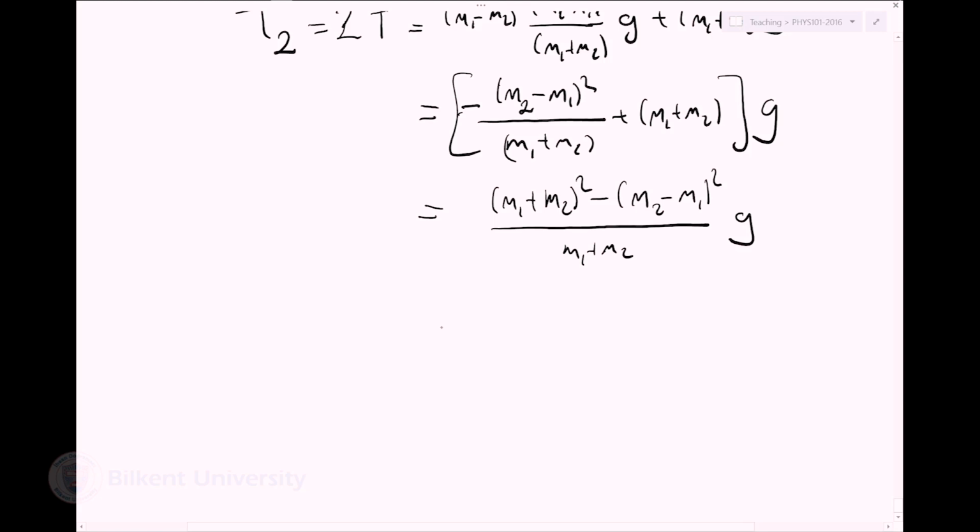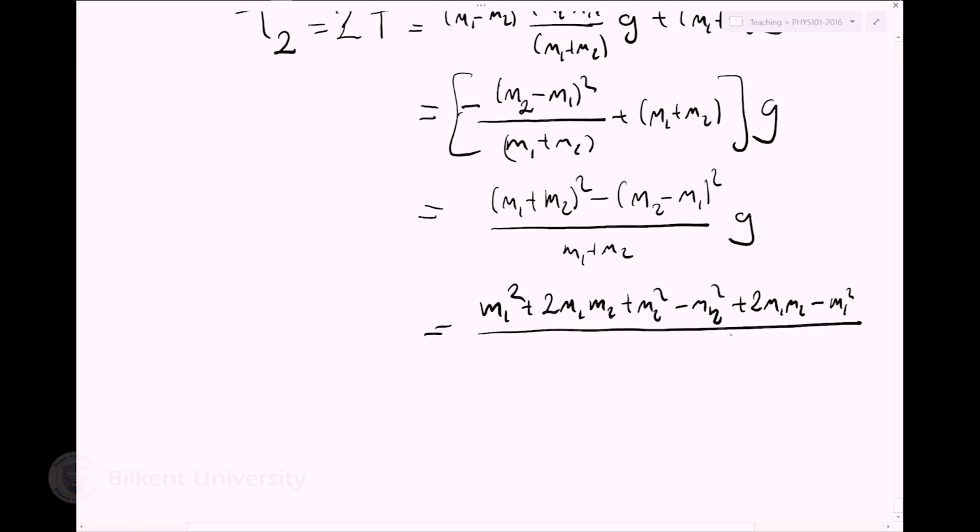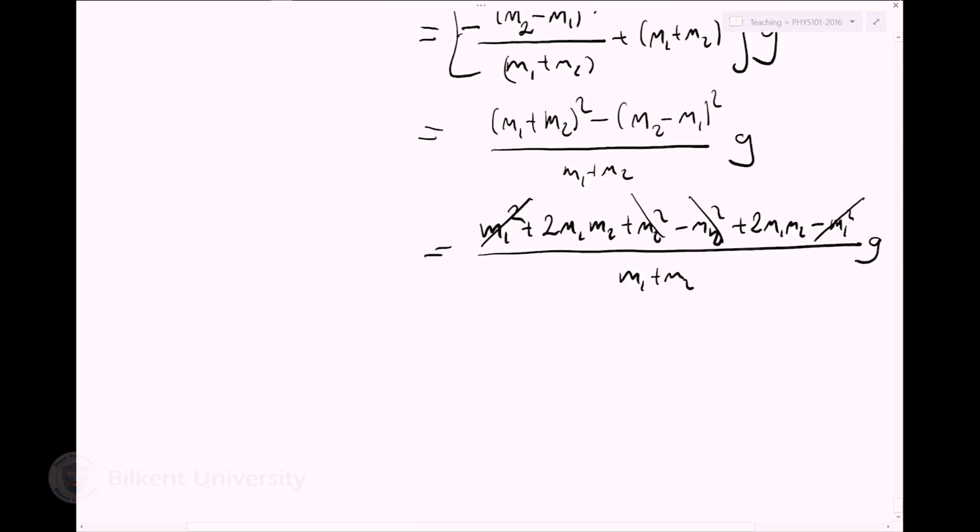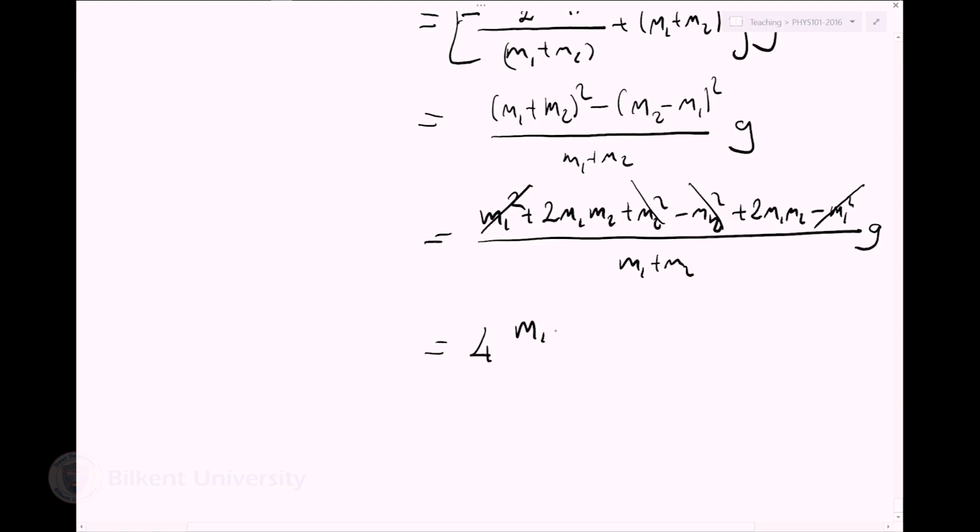This is really nice. If I open it up, m1 squared plus 2 m1 m2 plus m2 squared, minus m2 squared plus 2 m1 m2 minus m1 squared, divided by (m1 plus m2) times g. These two m squares cancel. That cancels. Overall, I have 4 m1 m2 over (m1 plus m2) times g. That is T2.